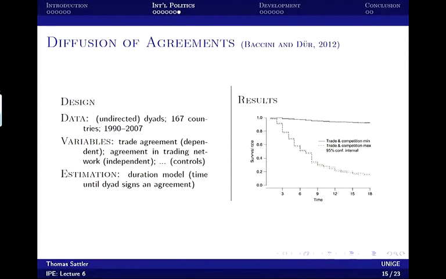So if trade and competition is at the minimum, we see that the probability of an agreement, without an agreement, does not change. But if that other trade agreement produces a lot of competition, we see that the probability of having no agreement next year and in the second year after this agreement and then third year massively decreases.